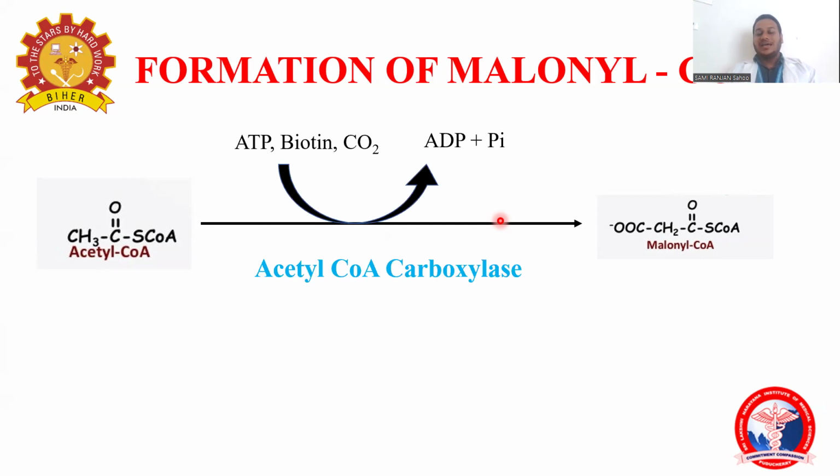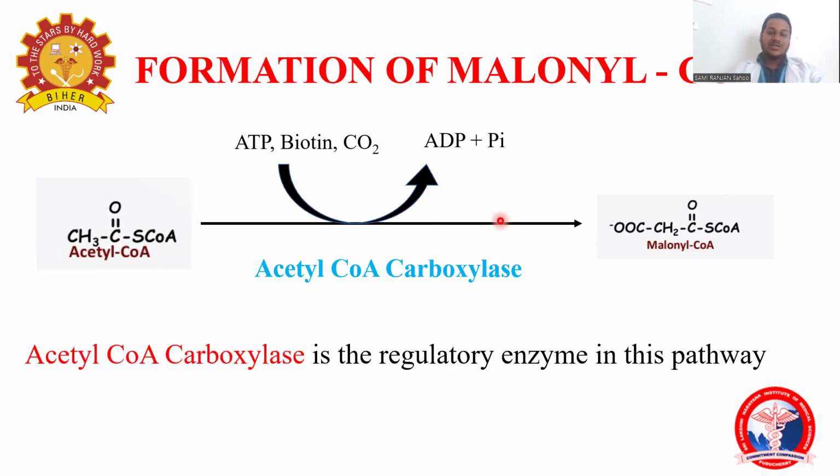This ATP gets converted into ADP, and acetyl-CoA gets converted into malonyl-CoA. This is the important regulatory step of the reaction, so acetyl-CoA carboxylase is the regulatory enzyme in this pathway.